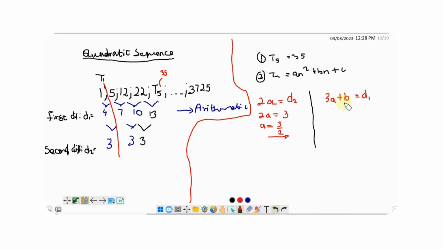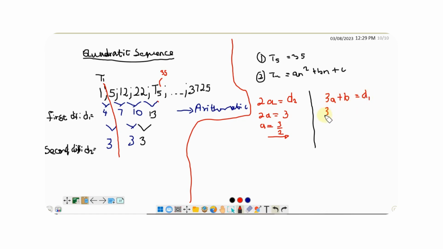This 3a plus b, guys, the 3 is not the 3 that is coming from the sequence. No, this is a formula. It's always like this. Don't be confused. It has nothing to do with the values in the sequence, so it's always going to be the same formula.